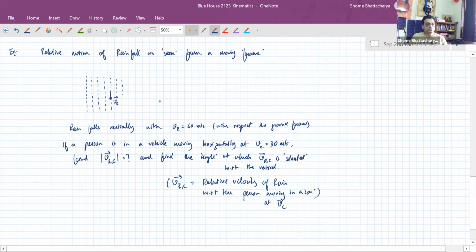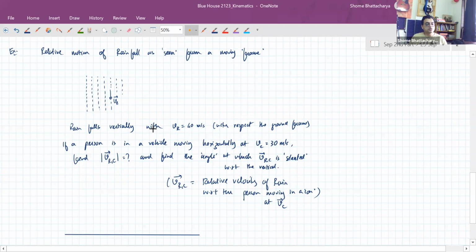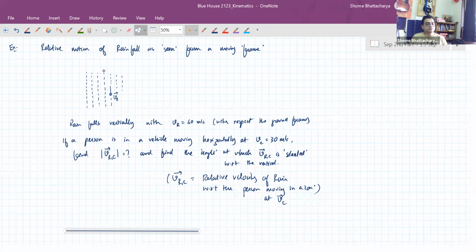Okay, so let's assume the car is moving along the horizontal direction like this.